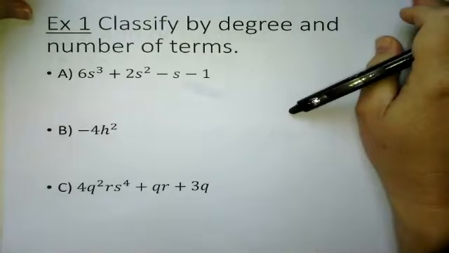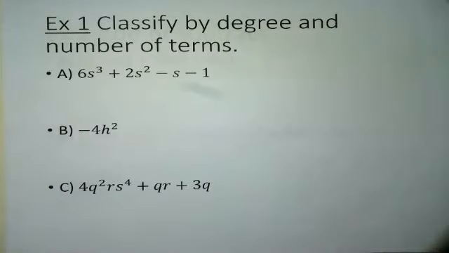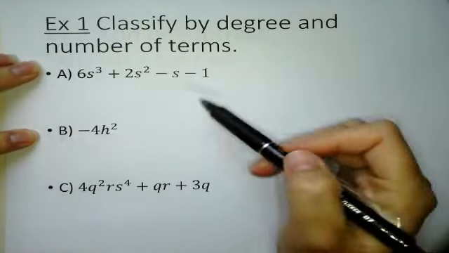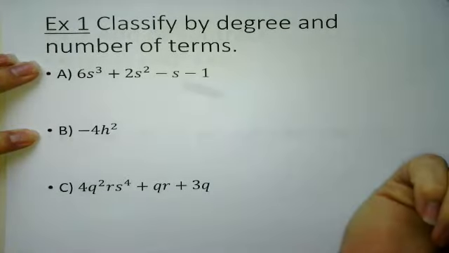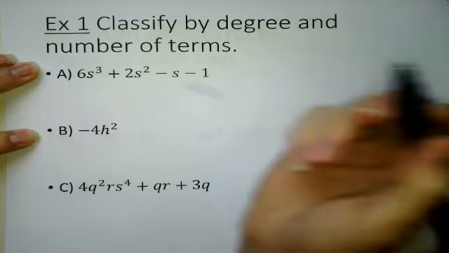So example 1. Again, you can pause this video at any time if you need to write down the questions. Just pause and write everything down and then start it up again. I'm not going to give you time to do that because you have the ability to pause. We want to classify by degree and number of terms. When you're doing these IXL problems, please make sure you read the directions. It doesn't ask for both all the time.